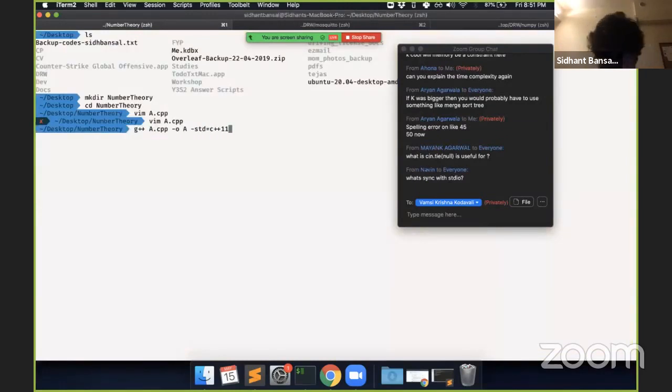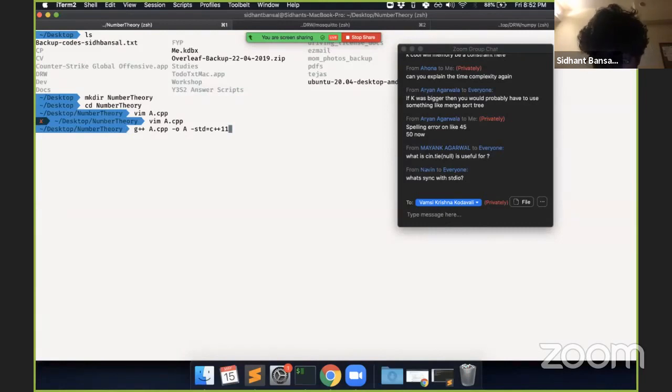Naveen, you probably won't care, but the idea is that when you say sync with stdio false, you're basically saying sync with standard input output is equal to false, which means that cout and cin are not required to be in sync with scanf. So cin and scanf are both methods of taking input, and they generally work synchronously.